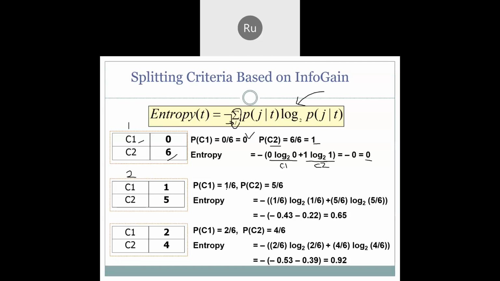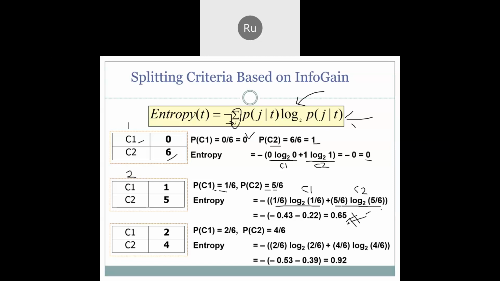So the probability of having class C1 will be 1 over 6. The probability of having class 2 will be 5 over 6. So we apply the same formula here. This is for C1, and this is for C2. When we compute, this is the entropy that we have.